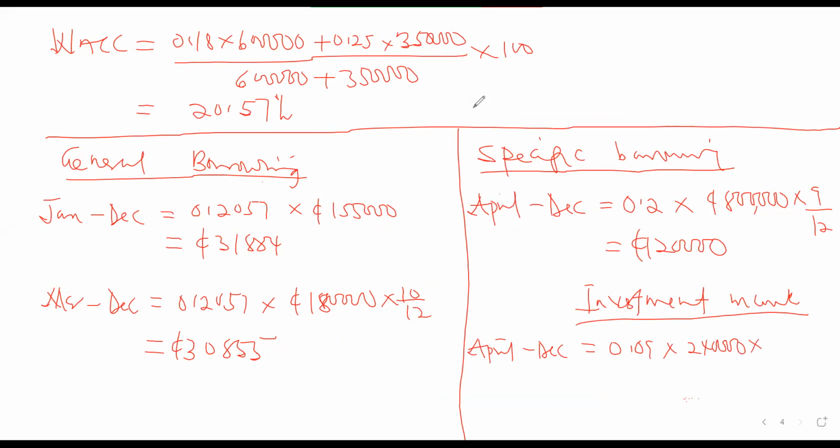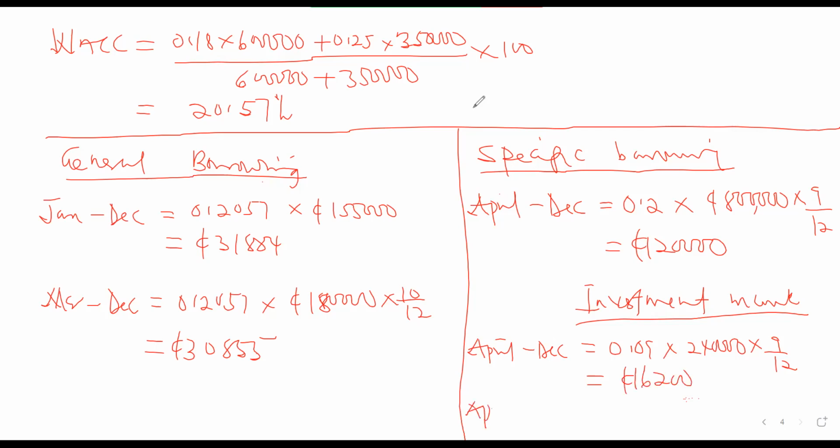That will be 9 months. So 9 over 12. What are we getting? $16,200. Okay, 16,200. So this is that one.